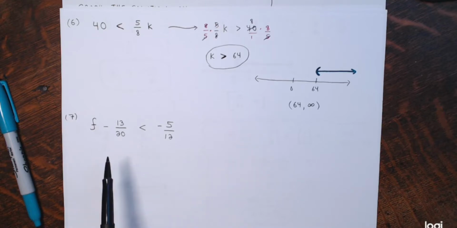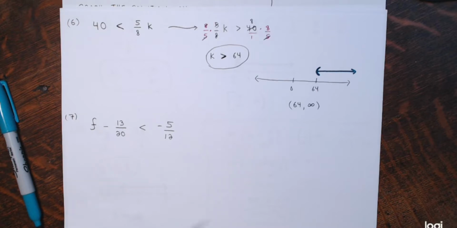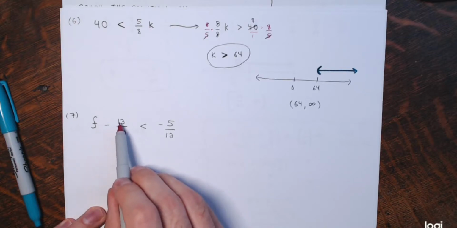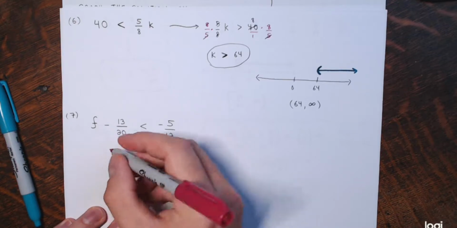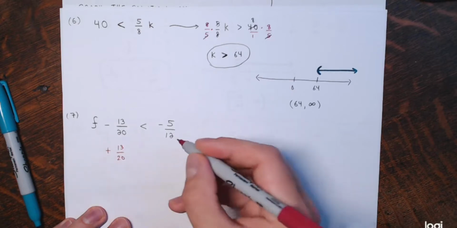Example 7 is like examples 1 and 4, where I'm going to be adding and subtracting fractions. So here the variable is f, and I'm subtracting 13/20. So to get rid of that, I would have to add 13/20 to both sides.